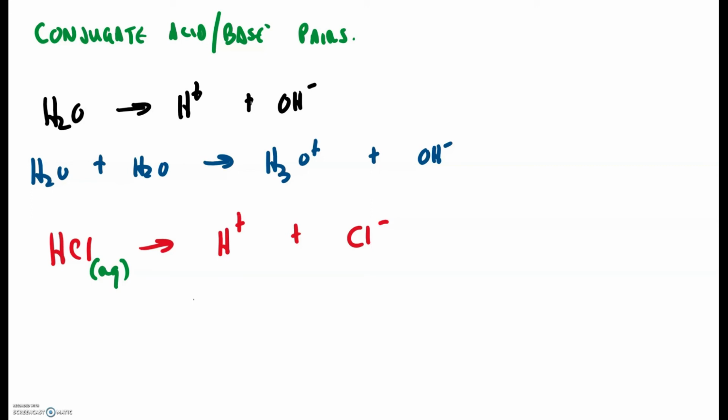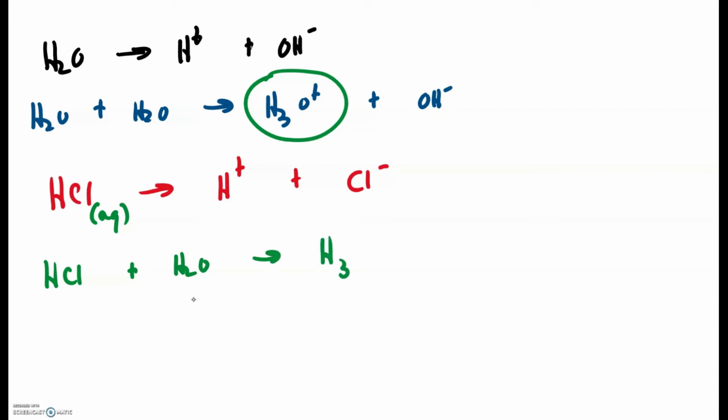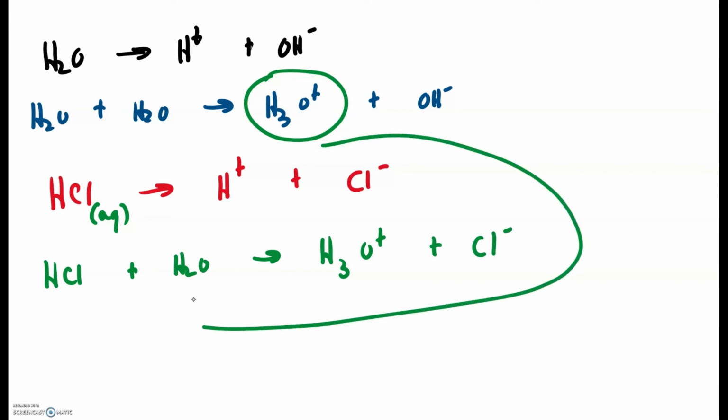And so there's another way to write this. Another way to write this would be to involve the water itself. And since water is pretty good at accepting another proton, we could write it like this. And this reaction is the same as the previous. It's just another way of writing it.